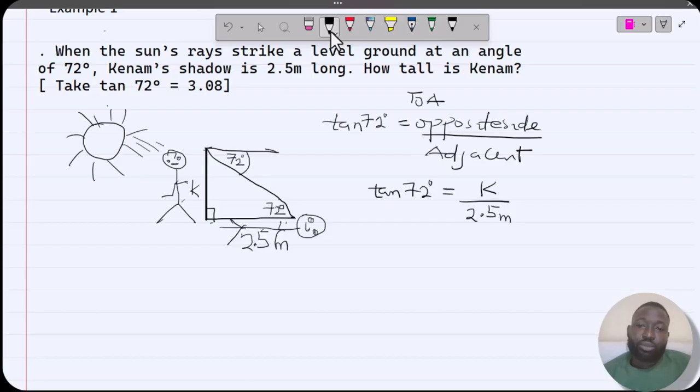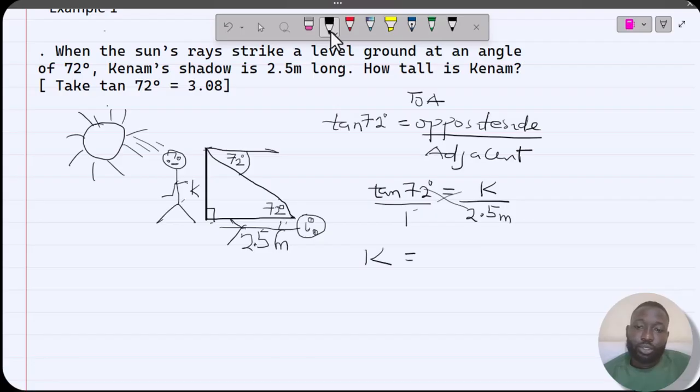Now, we have to cross multiply. This over 1, then we cross multiply. When we cross multiply, we are going to have our k here. K times 1 is k.